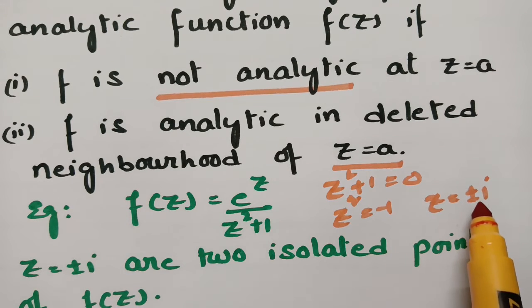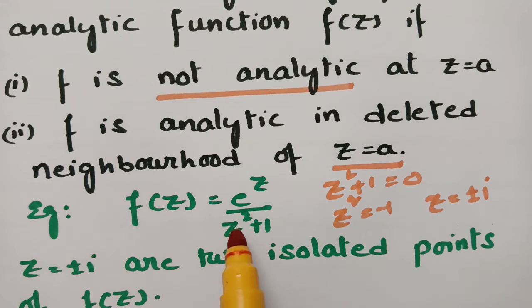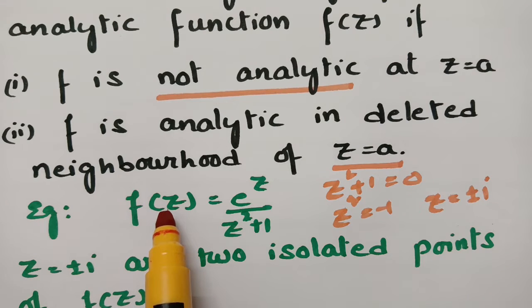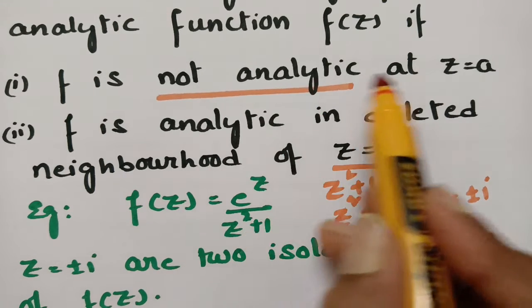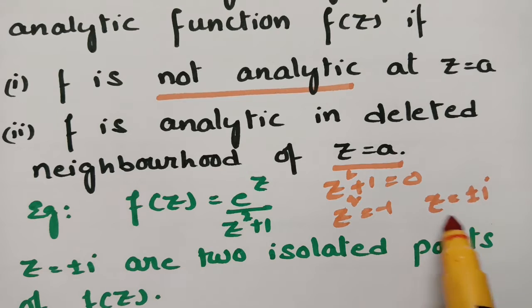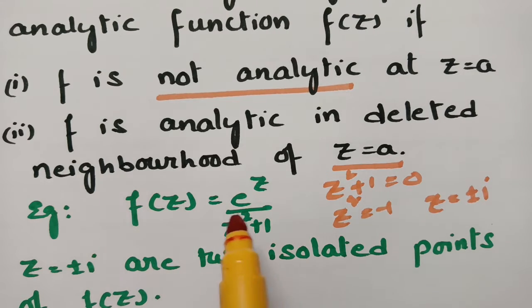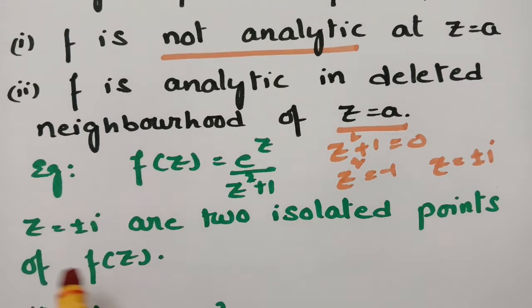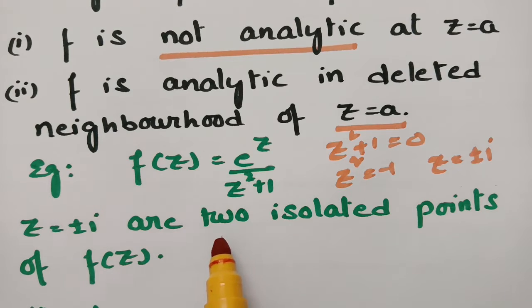At these two points, plus i and minus i, the function is not analytic at z equal to a. Here a is nothing but plus i and minus i. So we have to isolate these points in order to make the function analytic. So z equal to plus or minus i are the two isolated points of f of z.